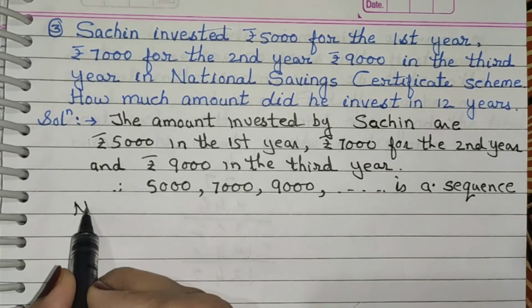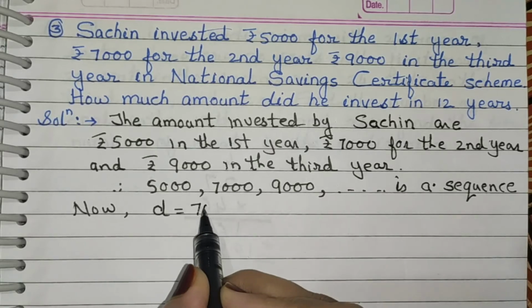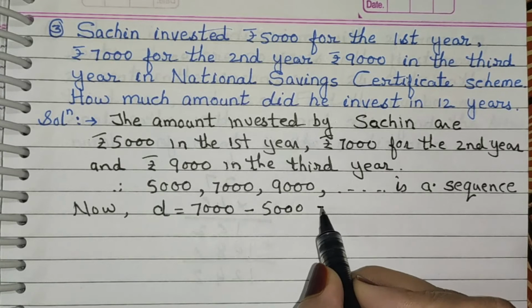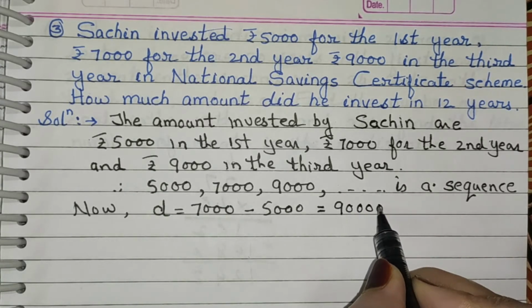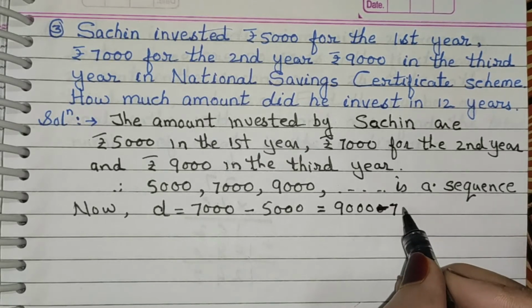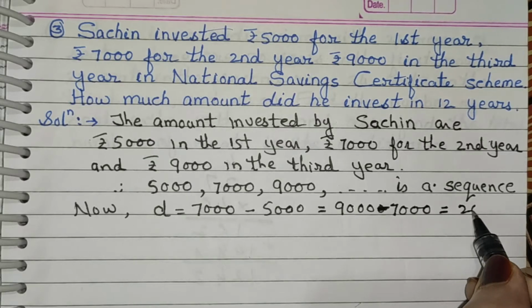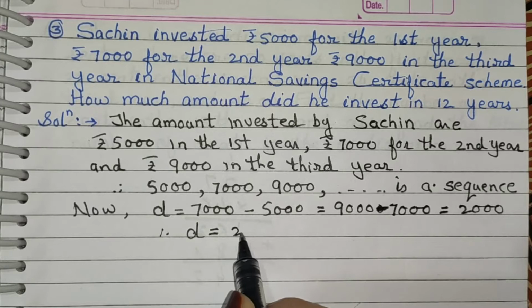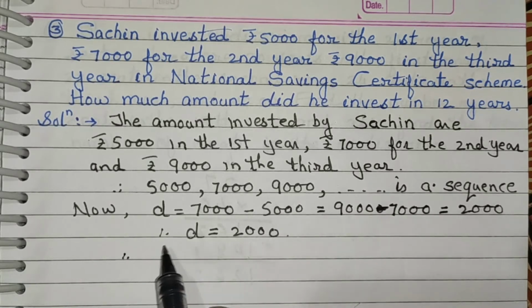Now, D is equal to 7000 minus 5000, which is equal to 9000 minus 7000, which is equal to 2000. It is the value of D. D is equal to 2000. Now it is constant, therefore this is an AP.